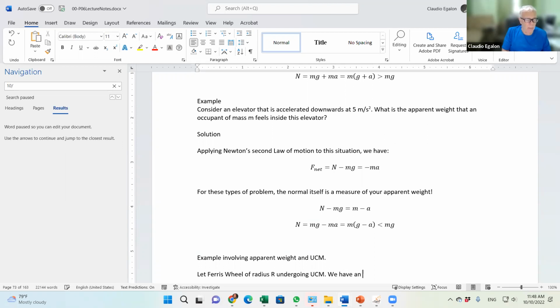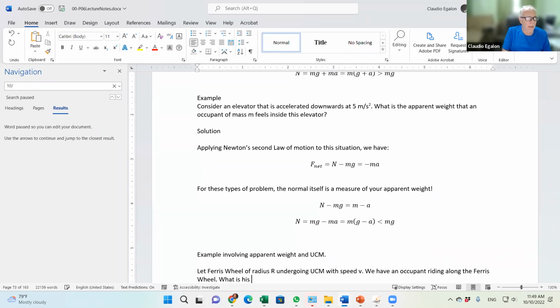We have an occupant inside the Ferris wheel, undergoing UCM, uniform circular motion with speed v. We have an occupant riding right along the Ferris wheel.